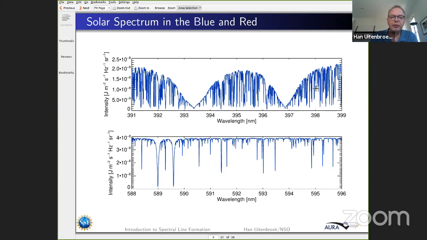This is just a fluke, if you will, of atomic physics, that there are many more electronic transitions at energy differences between different atomic levels associated with these wavelengths than in the red part of the spectrum. But all of these lines can be used to measure properties in the solar atmosphere.